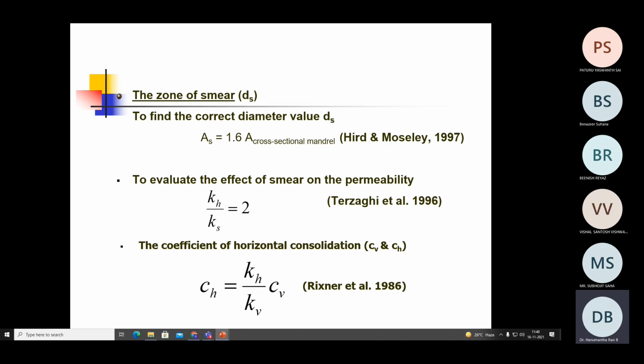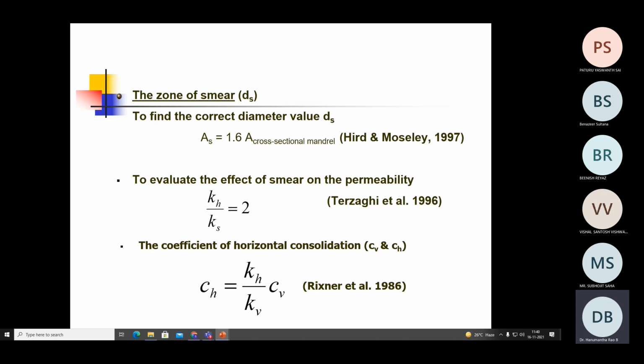Therefore, depending upon the field data, different people have proposed different equations. For example, as per Hansbo and Mosley, the area of the smear zone AS is nothing but 1.6 times the cross-sectional area of the mandrel. That is the area of the PVD, you can say.